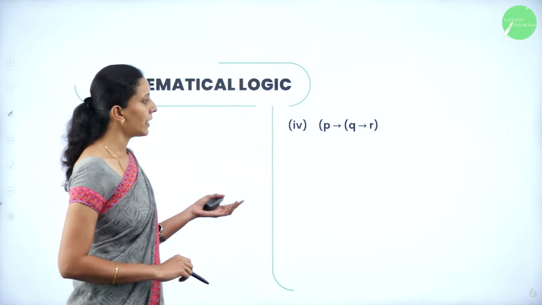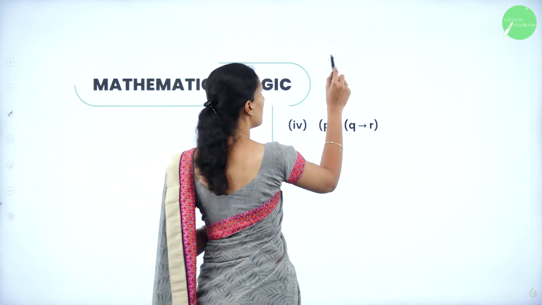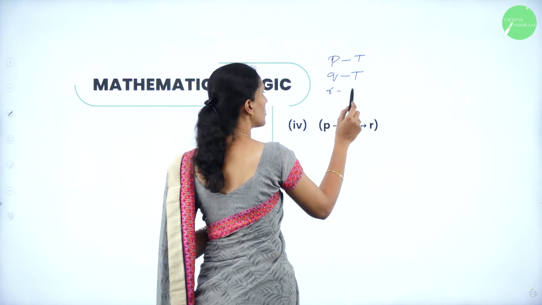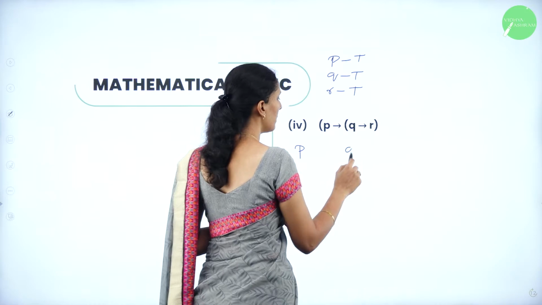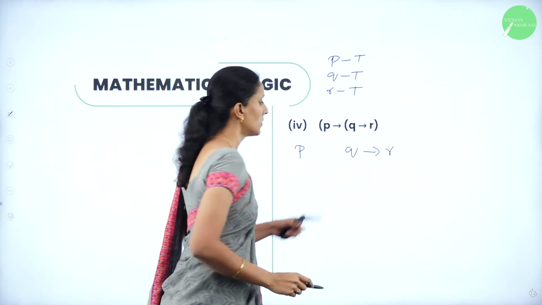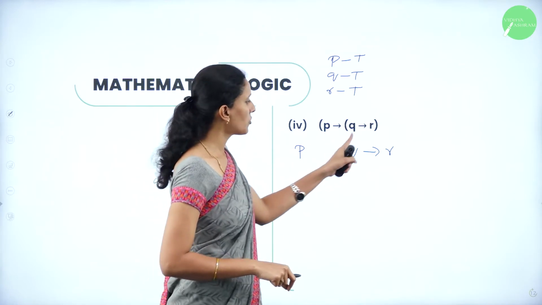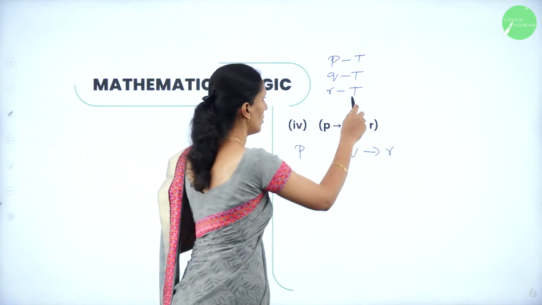Next one, P implies Q implies R. So let's see now. P is true, Q is true, R is false. So let's see Q implies R. So Q implies R will become false if Q is true, R is false. Our Q is true, R is false.